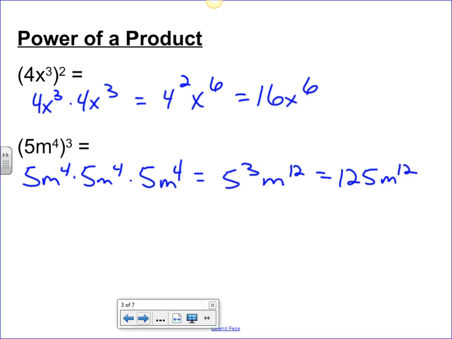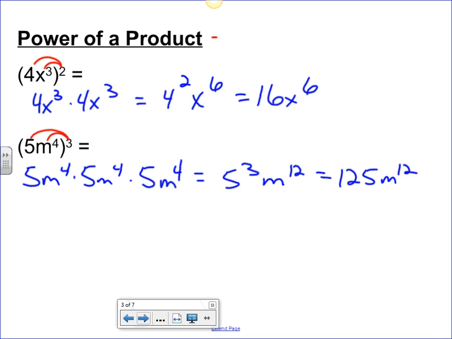So what is the pattern here? Well, if we take a look, on the first one, the exponent 2 applies to the 4 and it applies to the x to the third. Likewise on the bottom, the 3 would apply to the 5 and it would apply to the m to the fourth. So what would be my rule here?